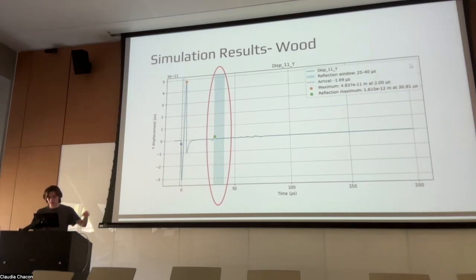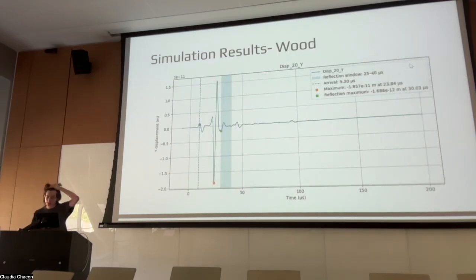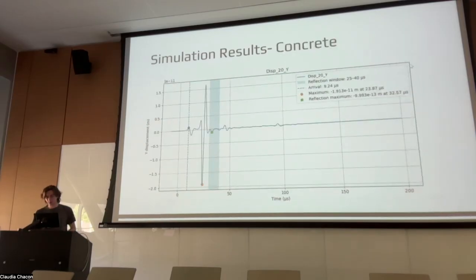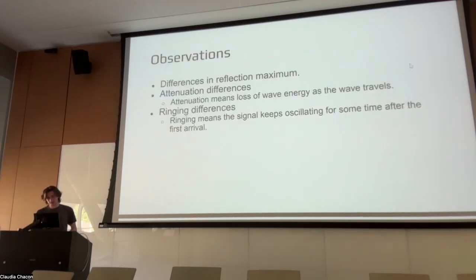So the initial big wave is the initial wave going out, but then within the reflection window, which is highlighted in red, is the point at which the wave would come back after being reflected off of the boundary between the material. So we simulated this for wood and concrete, as well as glass.